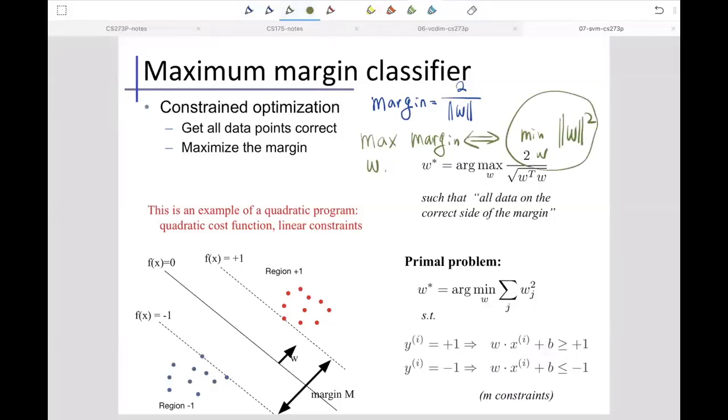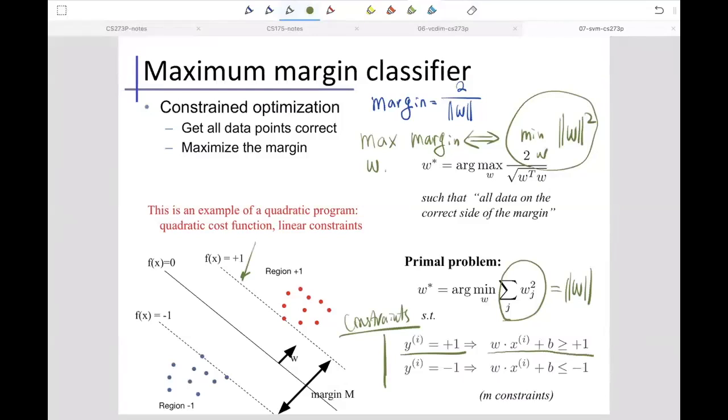Then I'm going to formulate this model as something like this. We're going to minimize the norm of w, subject to a set of constraints. These are the constraints. If your label is +1, we want that data to be above this plane, which means w dot xi plus b has to be greater than or equal to 1.